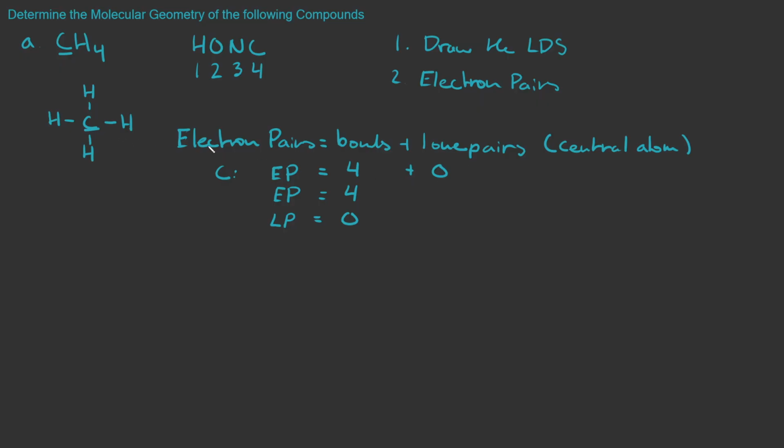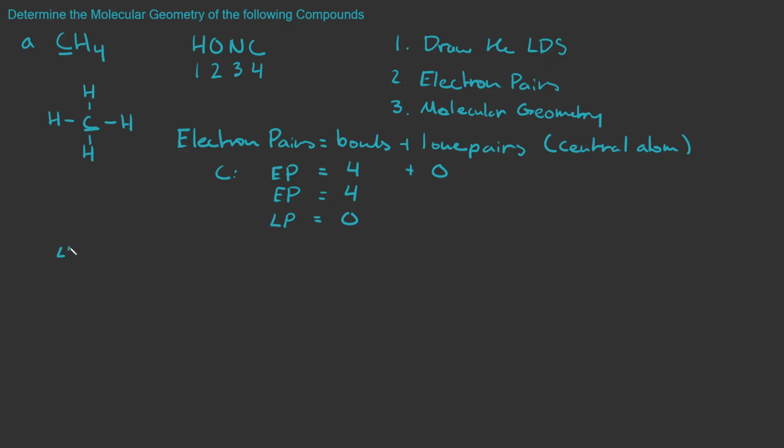From that information, we can use the chart to figure out the molecular geometry of this molecule. We have 4 electron pairs and 0 lone pairs, so all we have to do is match that from the chart.